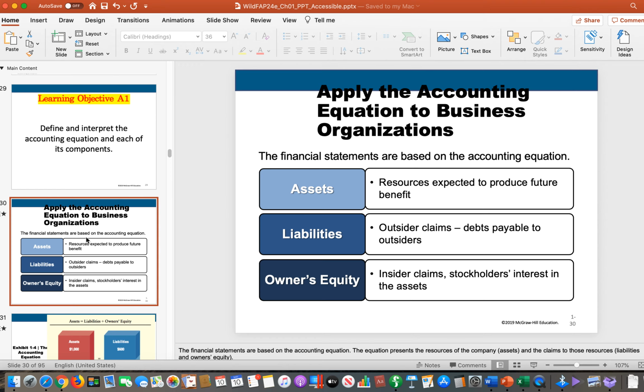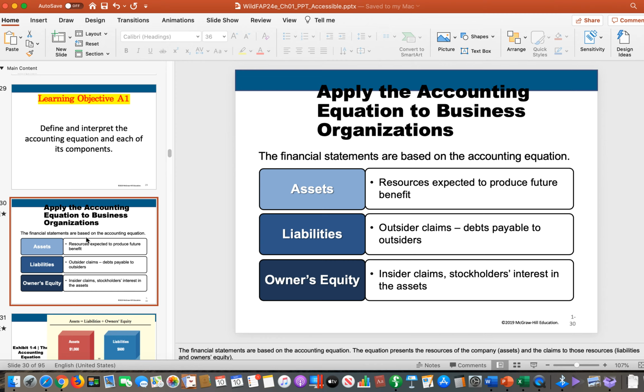Assets are resources that a company has, and resources they expect will produce future results, future benefits. A simpler way to put it is assets are things a company owns. And you're not going to own something in a business unless you expect it to produce some benefit in the future.